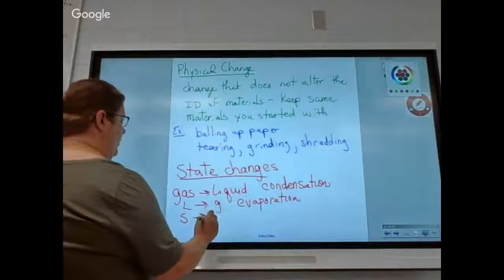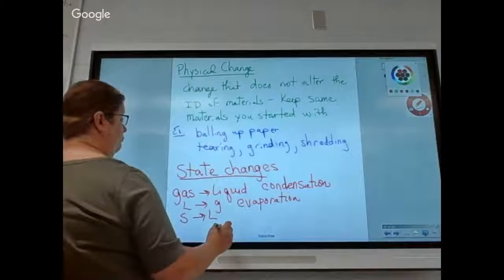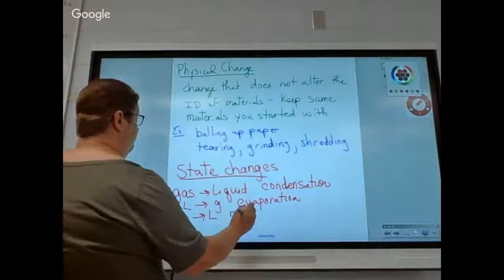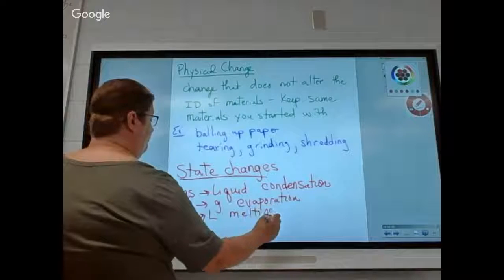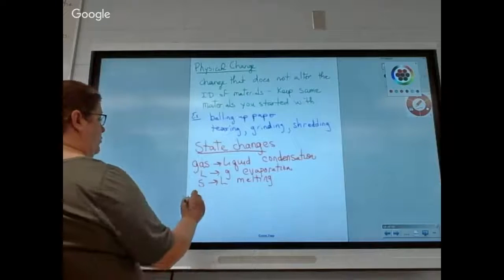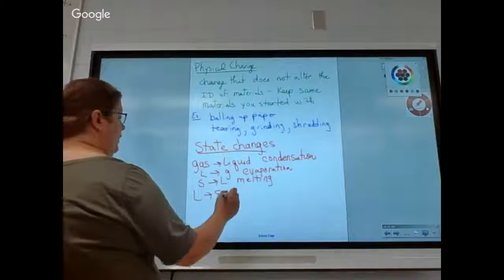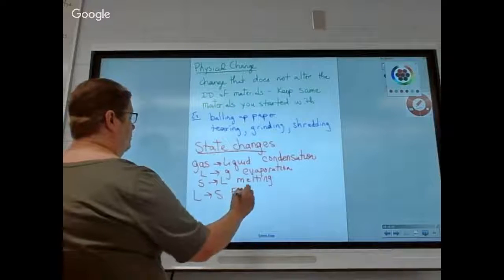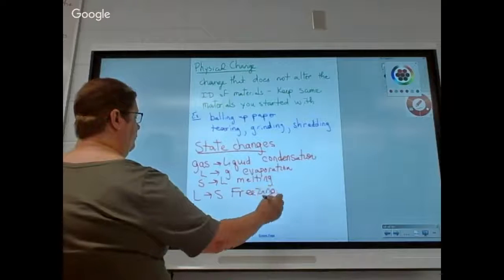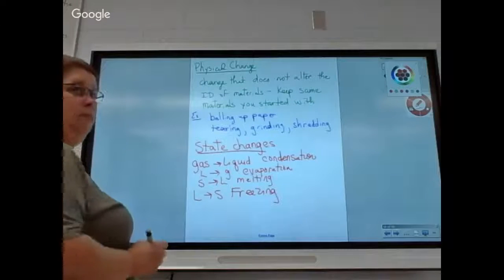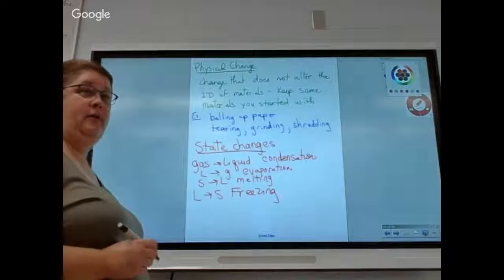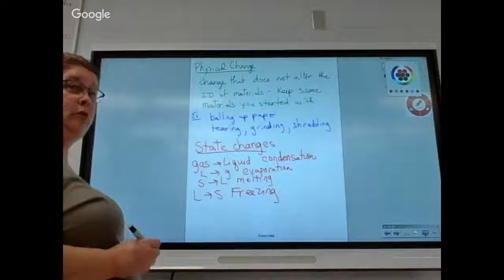Solid to liquid would be? Melting. The opposite would be liquid to solid, which would be? Freezing. It doesn't have to be freezing, it could be solidifying, right? Yes, you could say that, which would be fine.